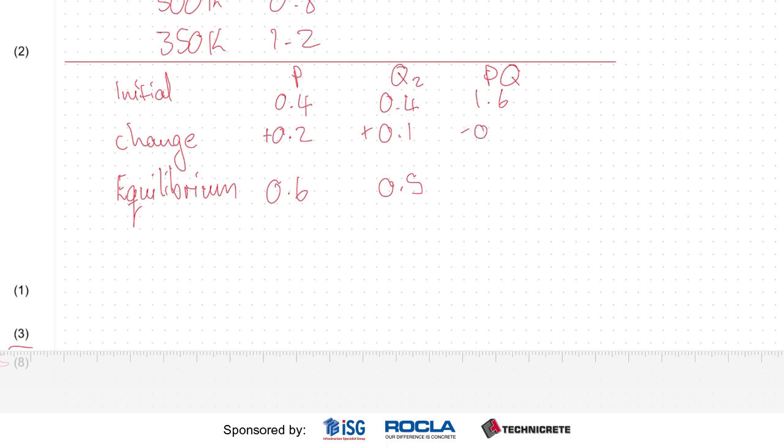So here the change should be minus 0.2, and this should be 1.4. Does this make sense? A good way to check if what you're doing makes sense.